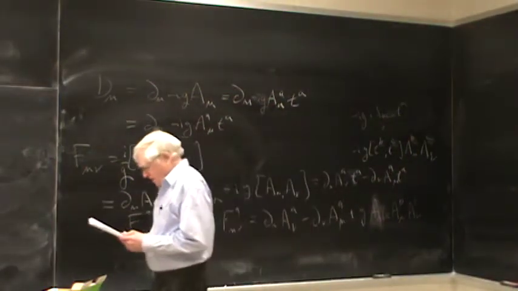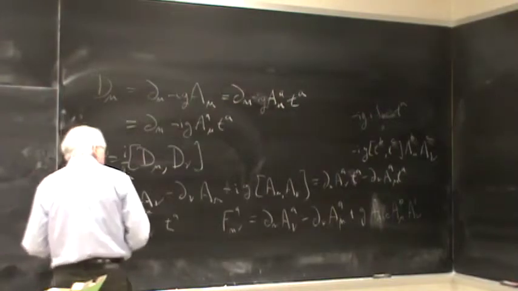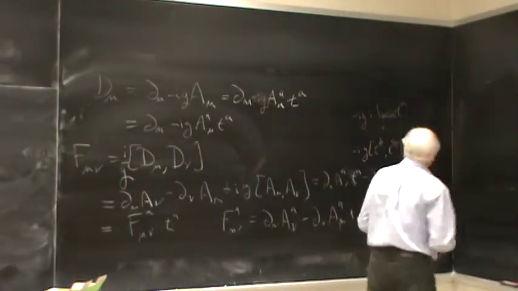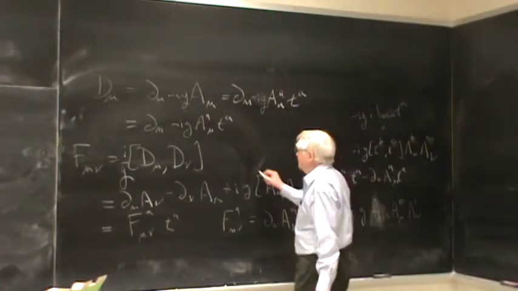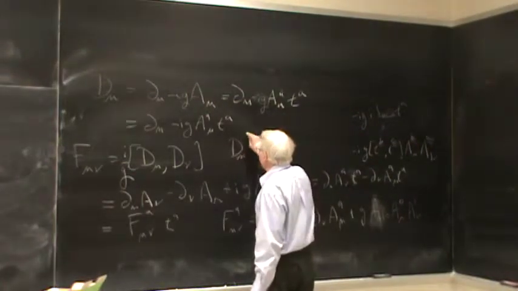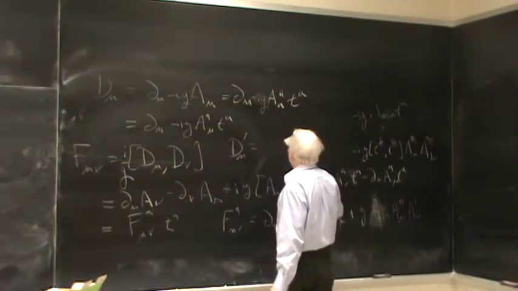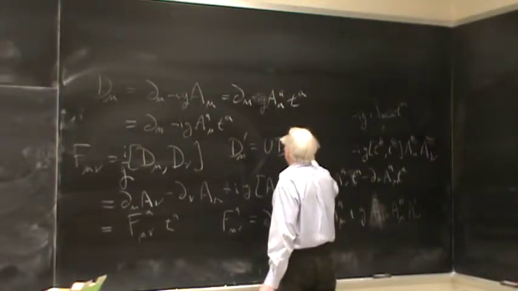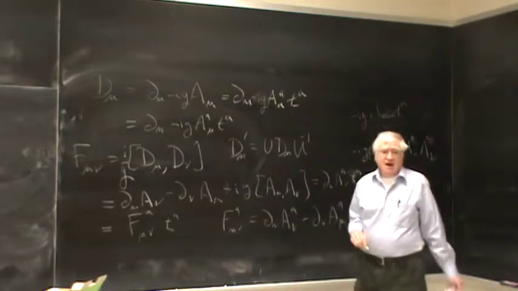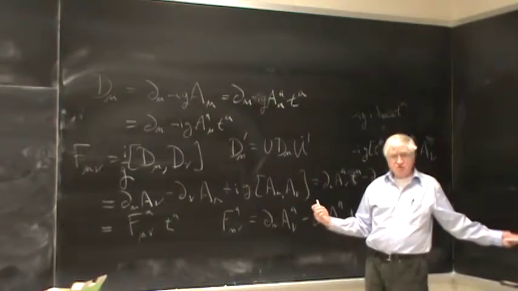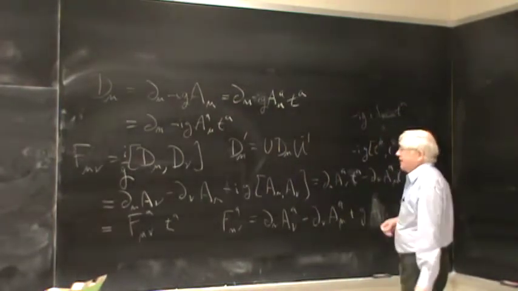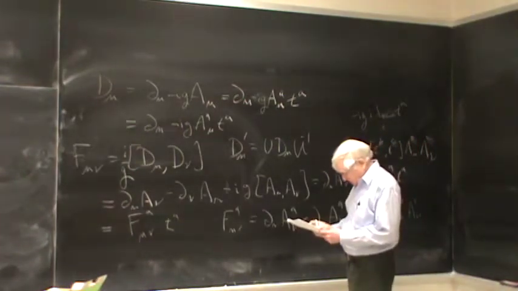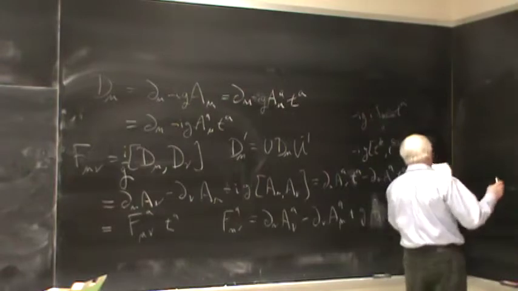All right, now, I've been talking about how covariant derivatives transform under gauge transformations, and the thing basically goes as U d mu U inverse. That's under full gauge transformations. Under infinitesimal gauge transformations, it's useful to write down how A mu transforms.